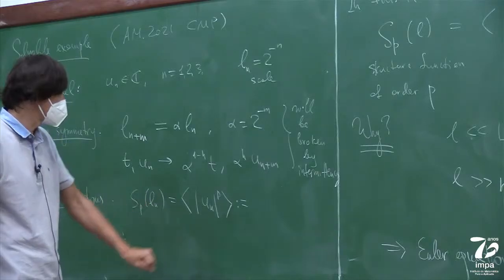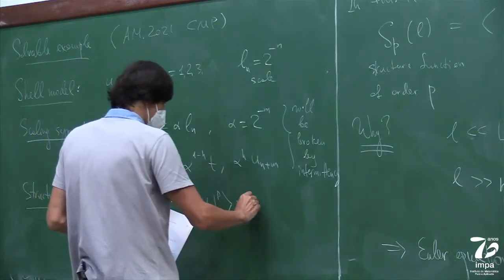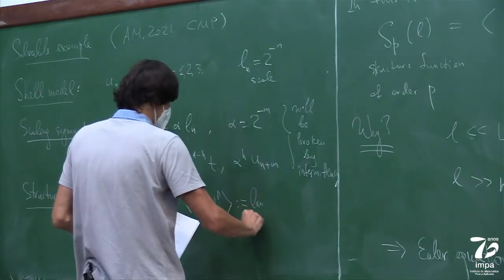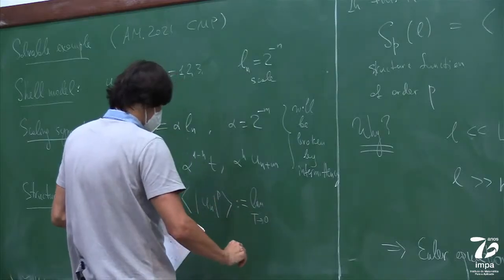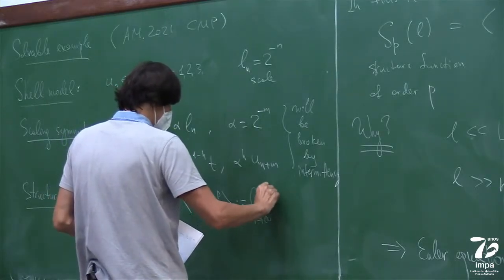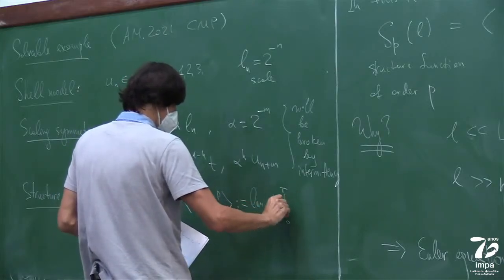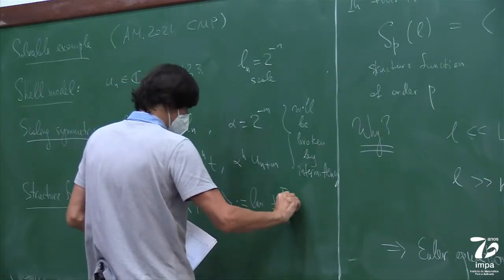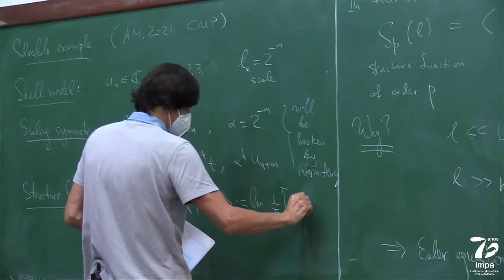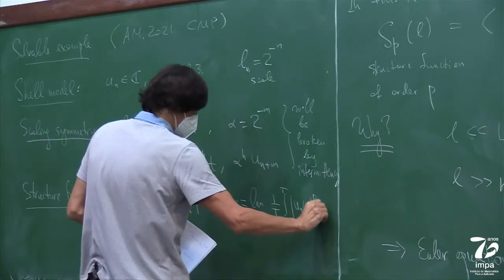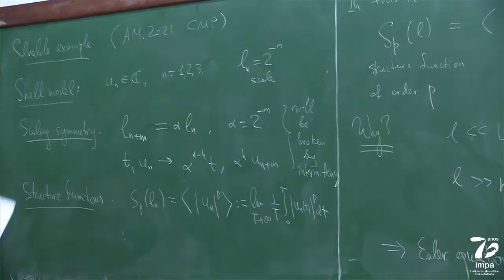Here we just take the temporal average: the limit as time goes to infinity of 1 over T, integral from 0 to T, of |u_n(t)|^p dt. So the mean value over a long time.